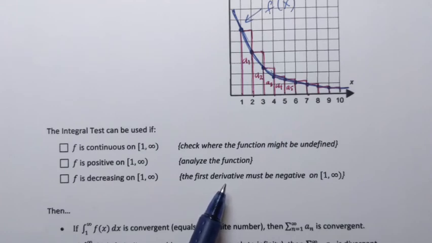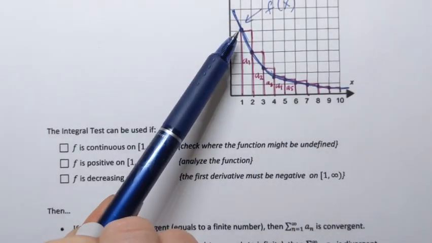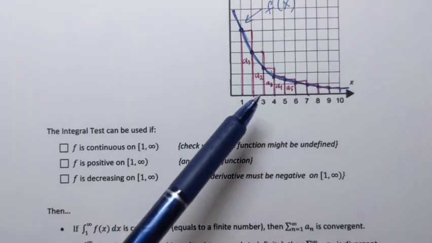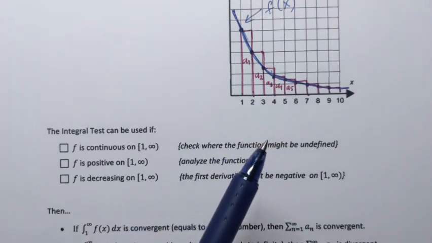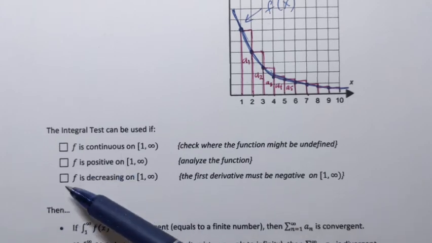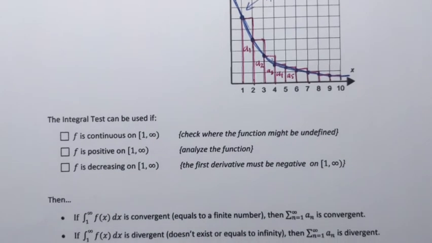So the fact that the function is decreasing means that if we construct a tangent line at any given point of that function, we'll see that its slopes are always negative. So the first derivative must be negative on that interval. That's the way to check that condition. So once again, if those 3 conditions are satisfied, then we can apply the integral test.